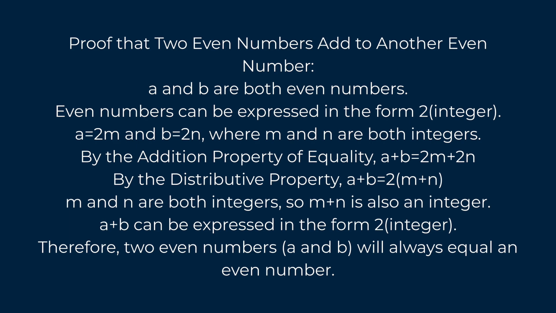So we have to use definitions that apply for all even numbers, and we have to use theorems that apply for all numbers in general to prove that 2 even numbers add to another even number.